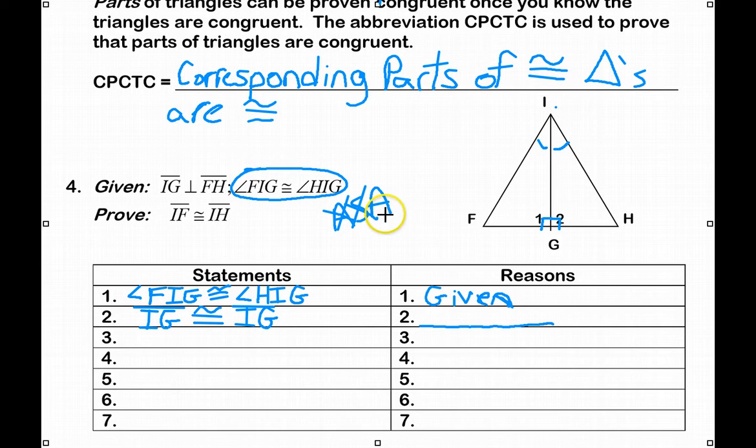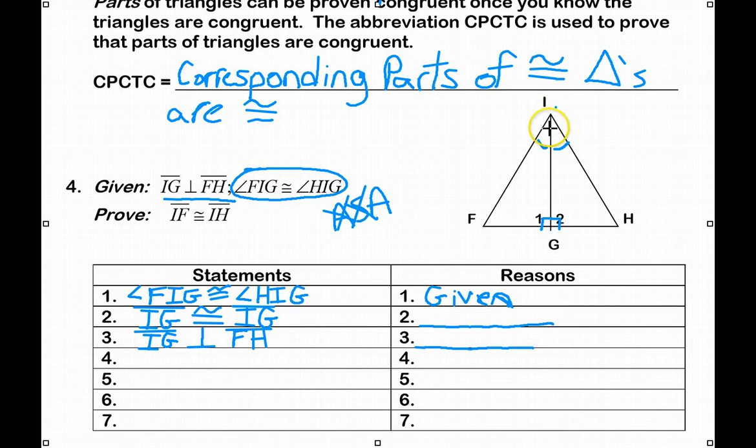And then to get our other angle down here, we're going to use that other given statement. So let's go ahead and write that one. We've got IG is perpendicular to FH. I'll let you write the reason. That is because of given.